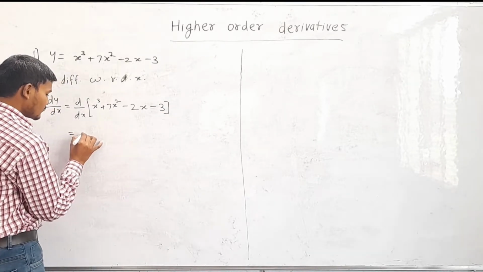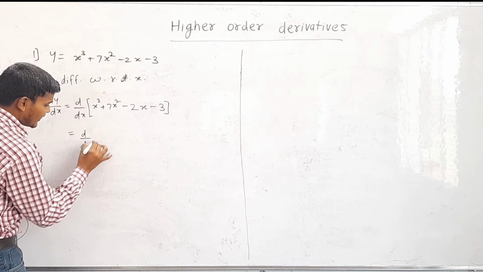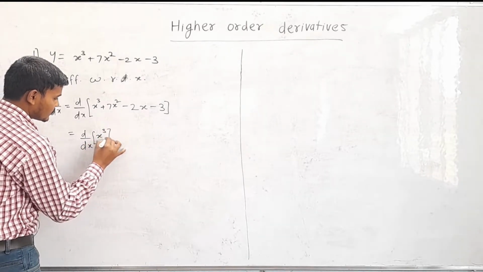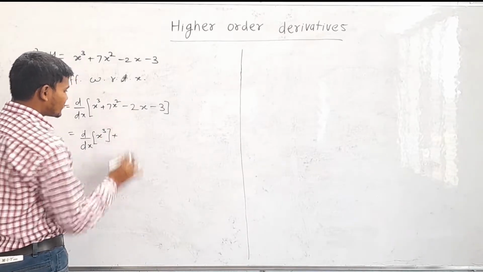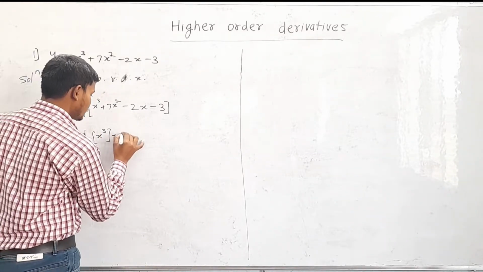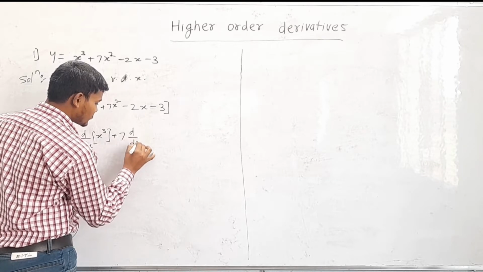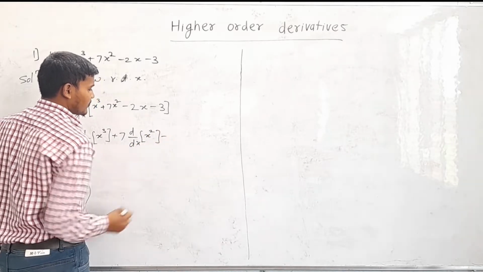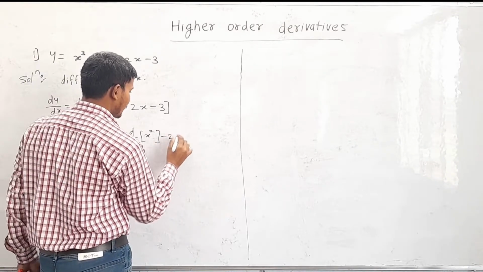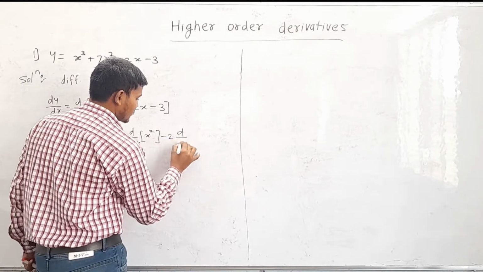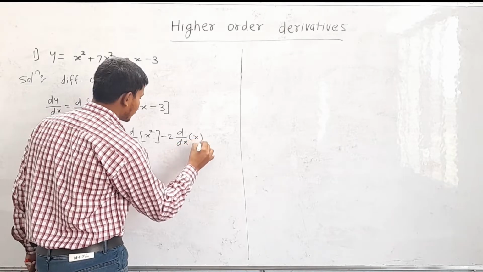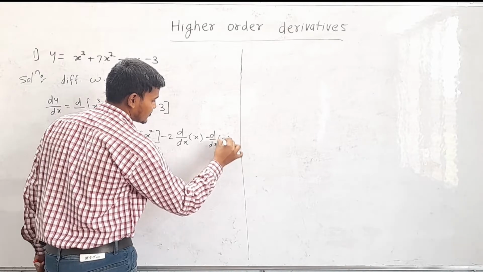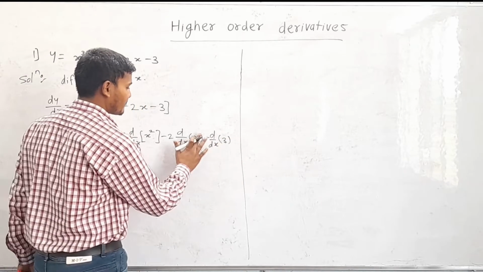Now, dy dx of x cube plus 7 is constant, so it will come out 7 dy dx of x square minus 2, because 2 is constant, dy dx of x minus dy dx of constant, that is constant is 3.